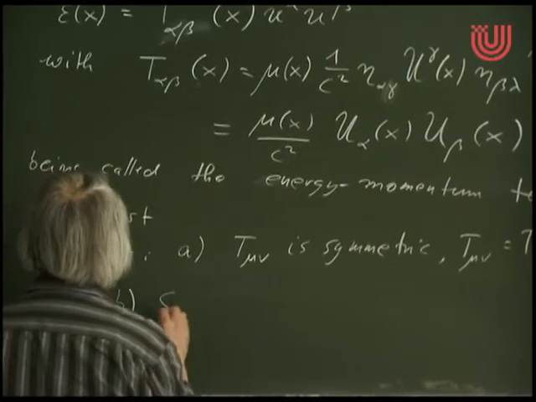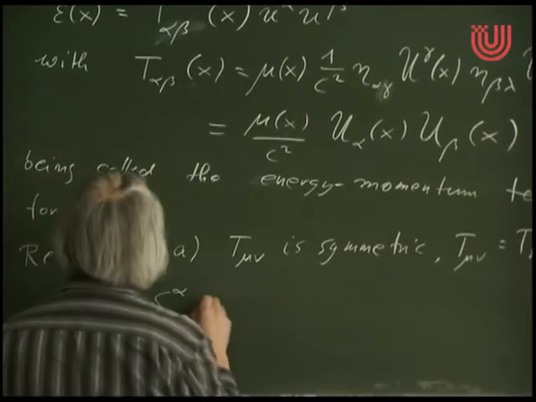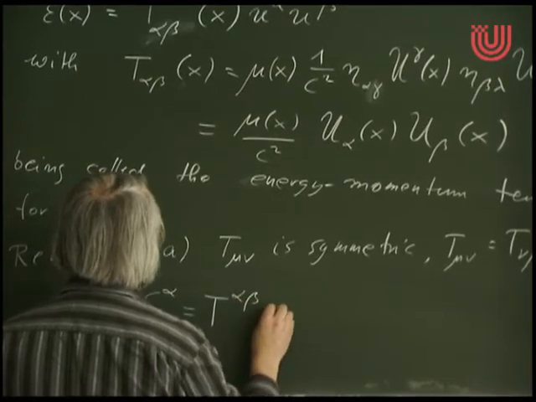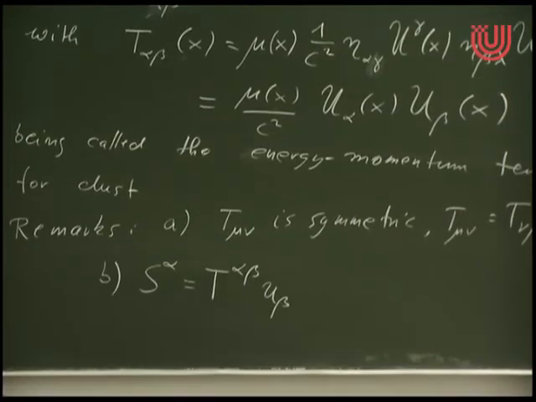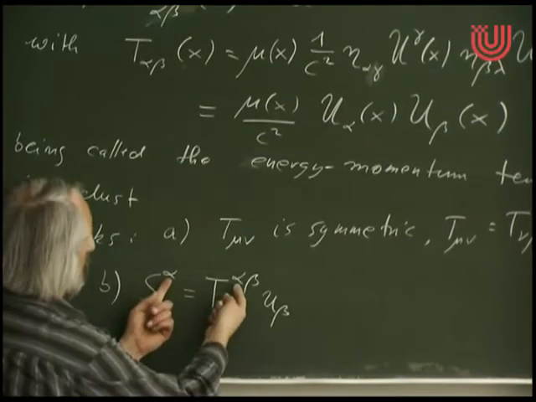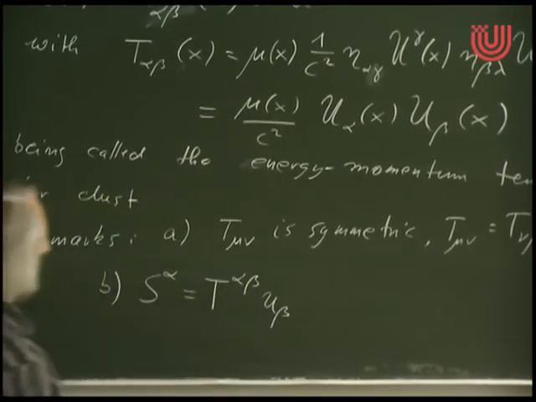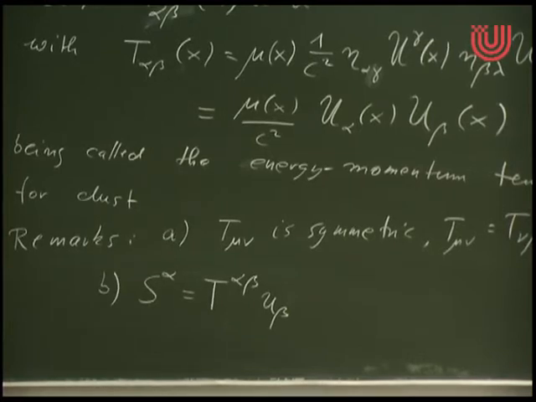So if I introduce a thing which I call S alpha, this is formed in the way that I consider T alpha beta U beta. I've written it here with an upper index. You could also write it with a lower index. You could just pull this down and change the betas as you like. So you can write any combination you would like to have.